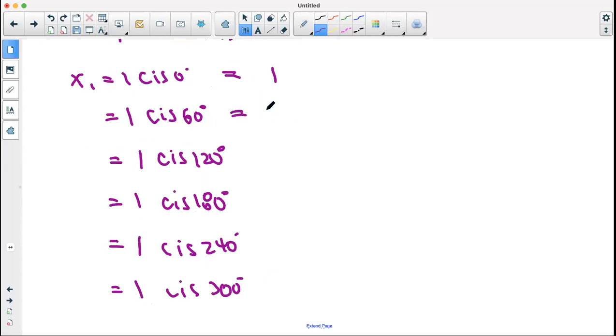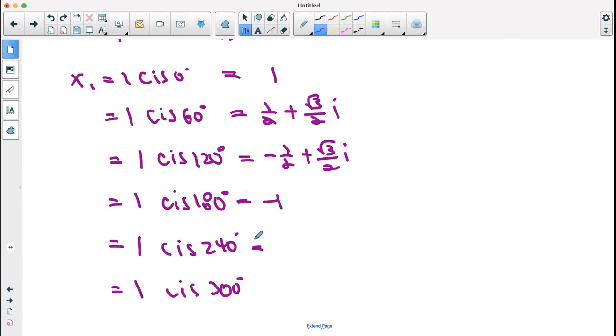What is this one, guys? Cosine of 60 first. So we get 1/2 plus radical 3 over 2 i. How about here? When you calculate this one, you're going to get 120 to the left side: negative 1/2 plus radical 3 over 2 i. This one gets you negative 1.